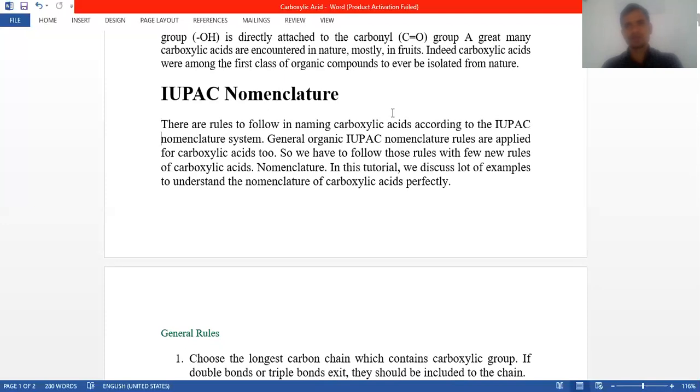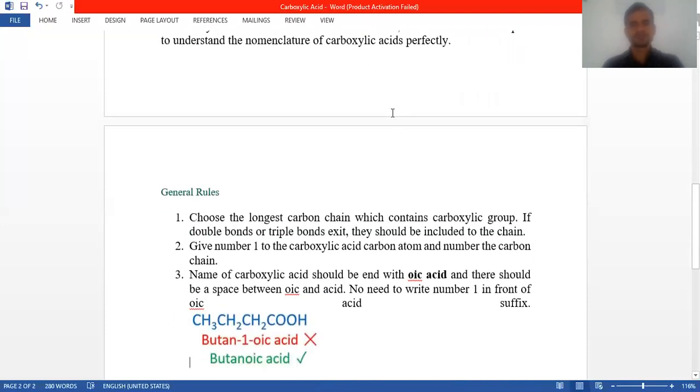So we see these general rules. Choose the longest carbon chain which contains the carboxylic group. If double bonds or triple bonds exist, they should be included in the chain. So it is the first rule, the longest chain rule.